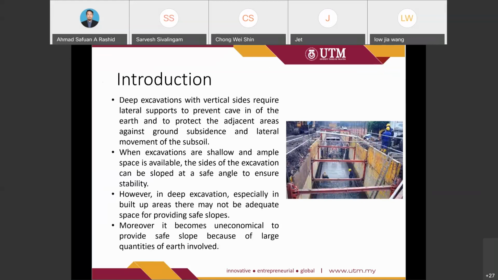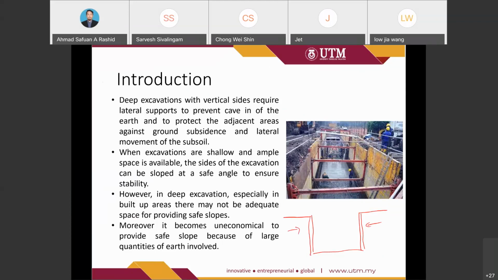Deep excavation with vertical sides requires lateral supports to prevent cave-in of the earth and to protect the adjacent area against ground subsidence and lateral movement of the soil. For example, if we want to construct a basement and the depth is very deep, we need some structure to restrain the soil from moving inside.